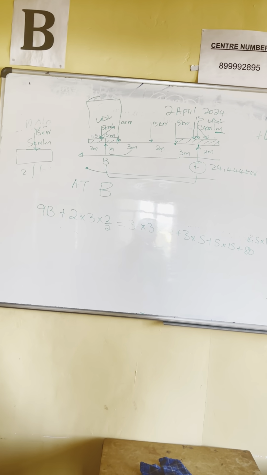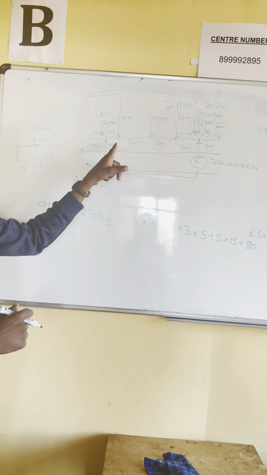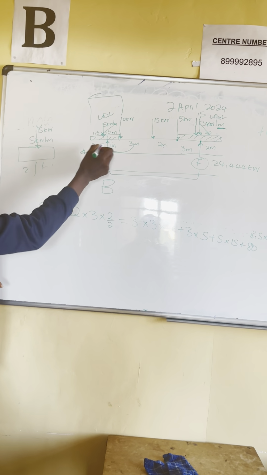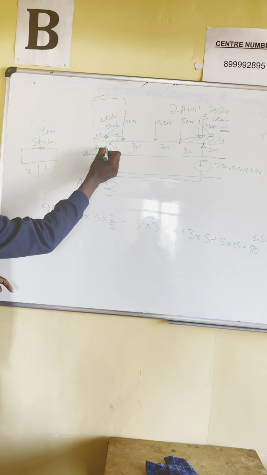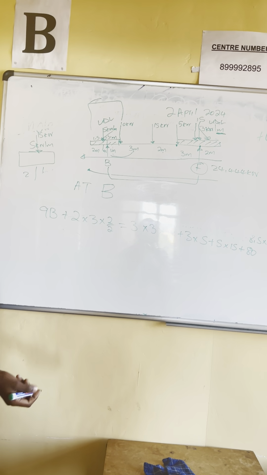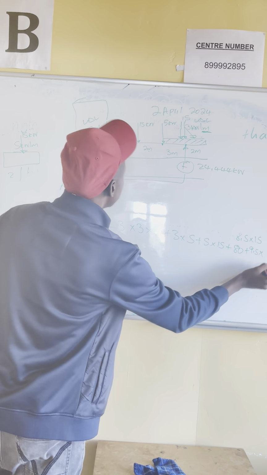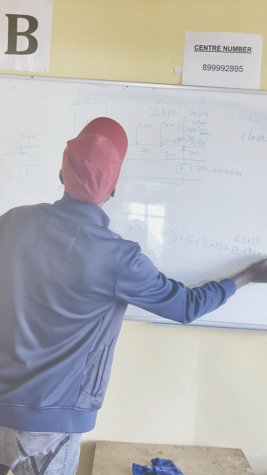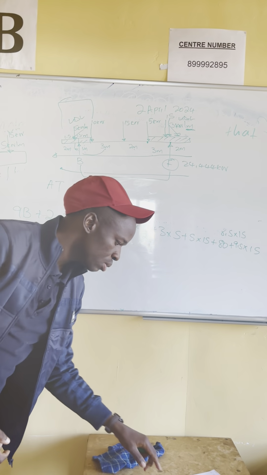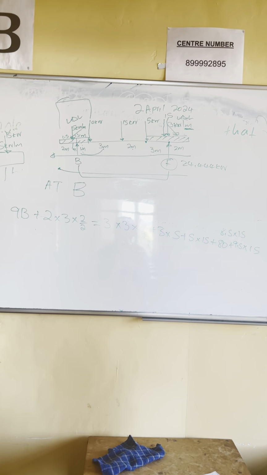Now it's going to be 3, 2, which is 5, 8, which is 9.5, because here is 1 meter, we still have 0.5 here. So 0.5 plus this one is 1.5. Now it's going to be plus 9.5 times 50. 9.5 times 50.